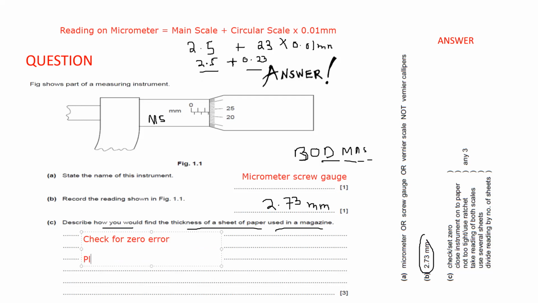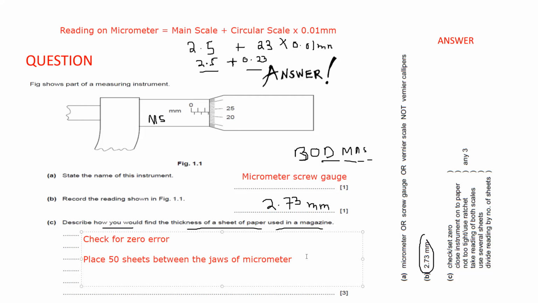Then place 50 sheets or 100 sheets between the jaws of the micrometer, and record the value.